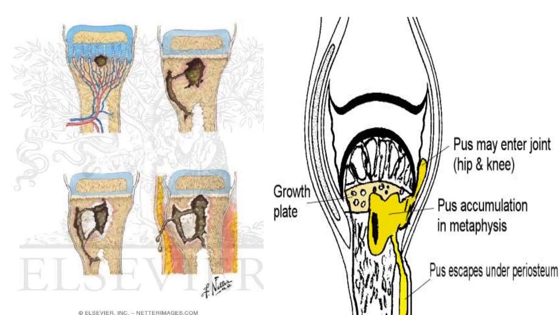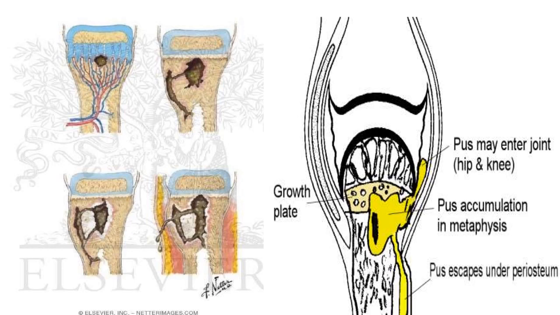Here is what I was telling you about. This infection starts in the metaphyseal region. It leads to inflammation and swelling, blood vessel compromise, ischemia, necrosis of the bone, and pus formation. And this pus formation can erode the physis.